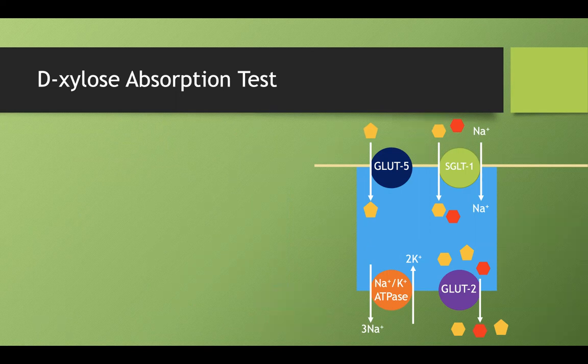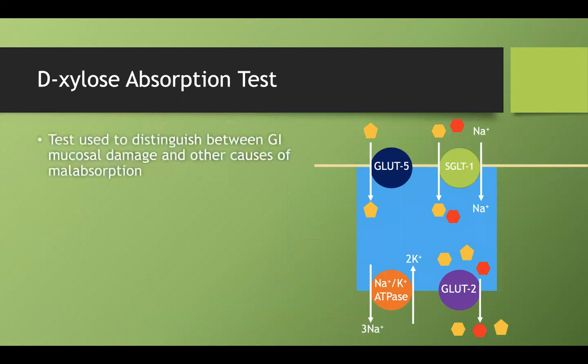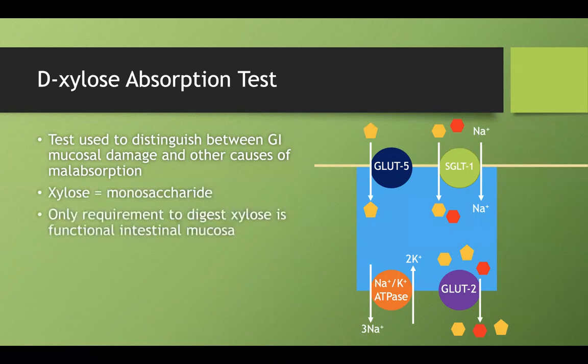Something I want to talk about now is the D-Xylose absorption test. It's useful in determining why monosaccharides may not be absorbed in a certain situation. And I'll go over what I mean. Xylose is a monosaccharide, and the only thing you need to digest a monosaccharide is functional intestinal mucosa.